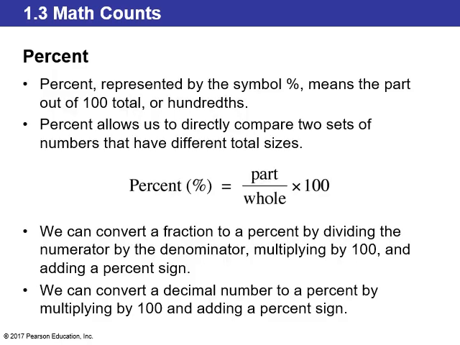I'm not going to spend a whole lot of time discussing percents because you should be pretty familiar with percents. Percent is when you have the part divided by the whole times 100. It's parts per 100. That's why we call it the percent. Cent is the Latin term for century, which is 100. So when you have parts per 100, that's why we say per cent, per 100. So if you have the parts divided by the whole times 100, you have a percent.